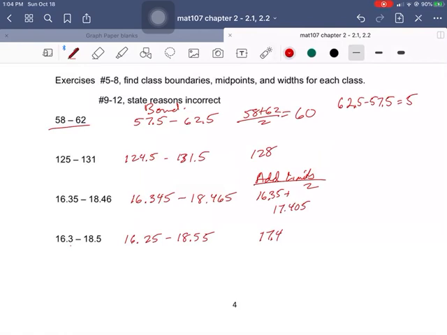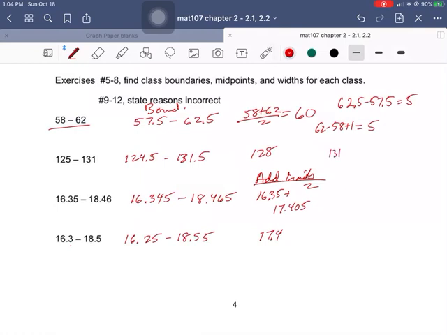You can also go from midpoint to midpoint, but I don't have the next one in there. But if you had to use your limits, it would be 62 minus 58 plus 1 would give you the 5.